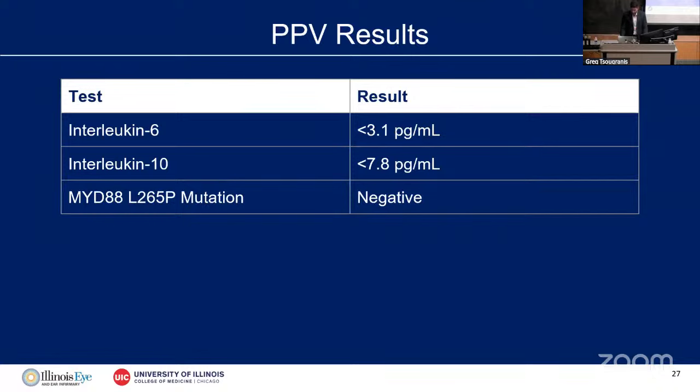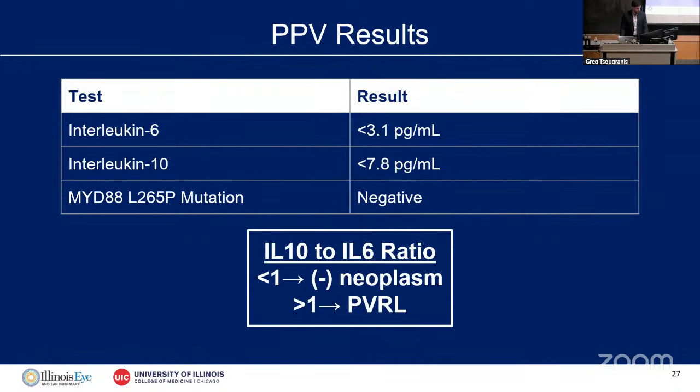But basically, this patient's IL-6 and IL-10 levels were well below the level of quantitation and therefore immeasurable. So we couldn't even create an IL-10 to IL-6 ratio. But the fact that these levels were so low likely pointed to the fact that this was not an inflammatory condition. And then just to quickly summarize what Nina mentioned regarding the ratio itself.